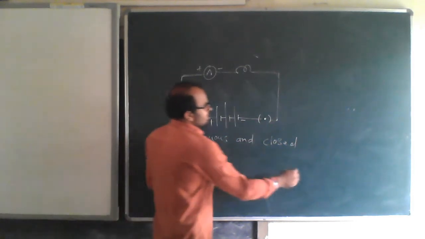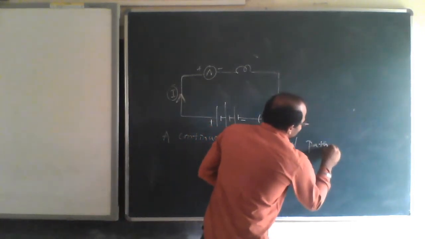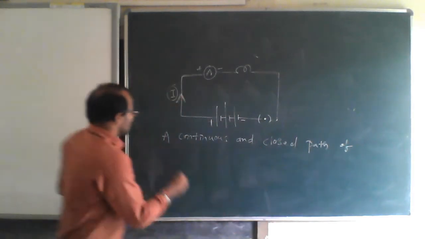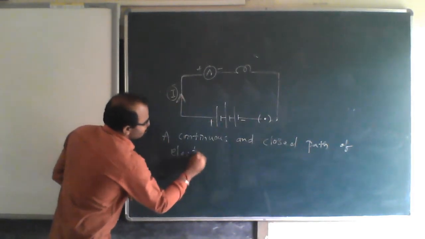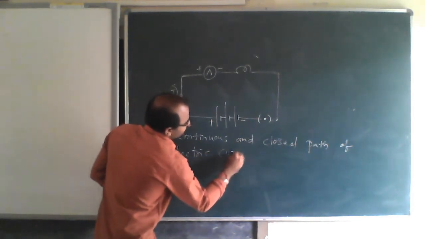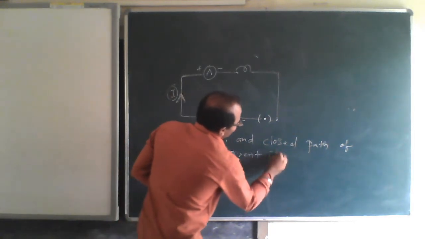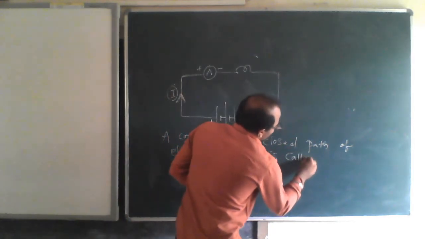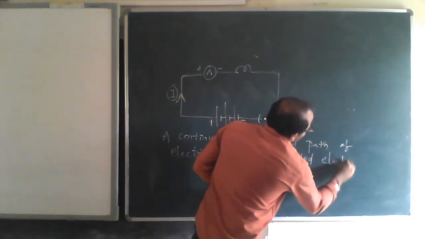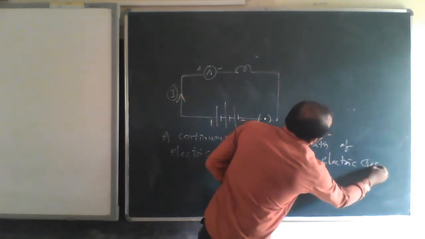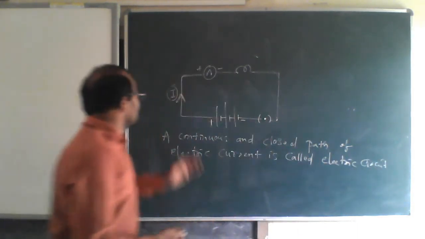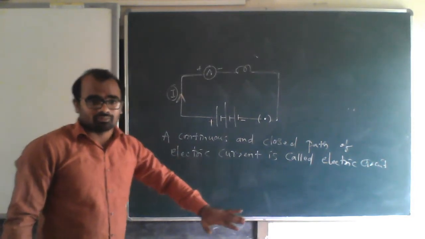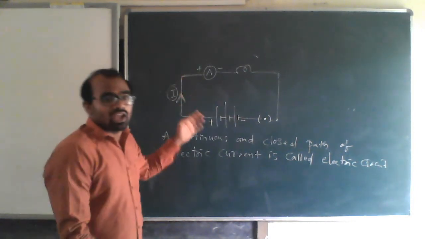A continuous and closed path of electric current is called electric circuit. What is electric circuit? The continuous and closed path. It is a continuous path and it is closed also.